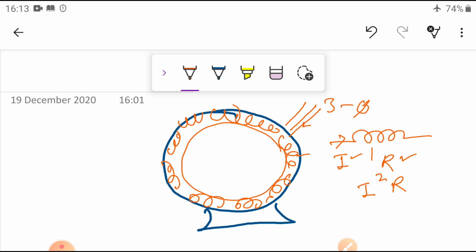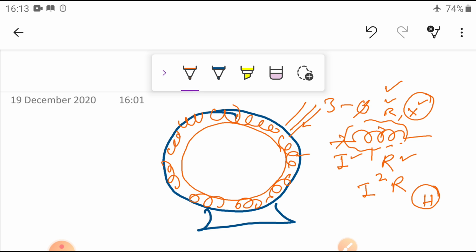It also has some leakage reactance. When the current flows through the resistance, it produces heat energy, and when it passes through the leakage reactance, it produces a magnetic field. We require the magnetic field only, but as a bonus we also get the heat energy, which is in the form of wastage.